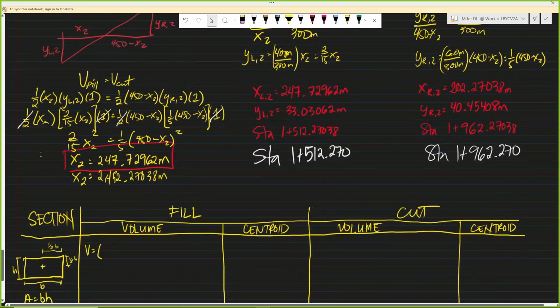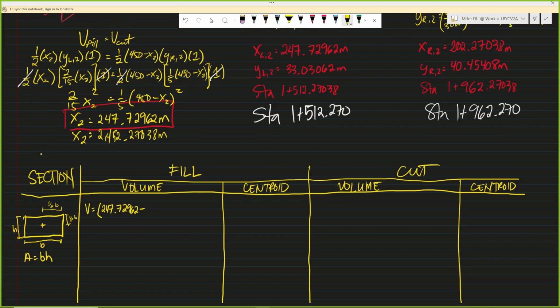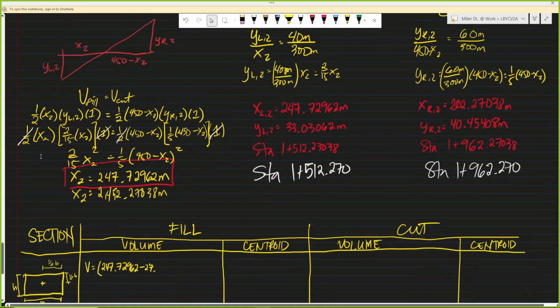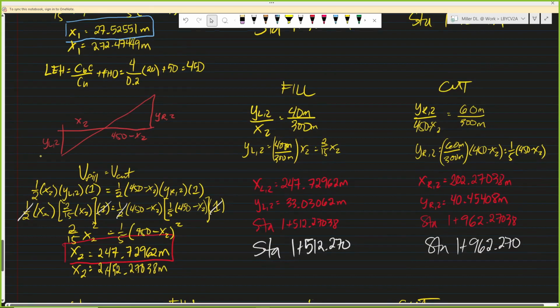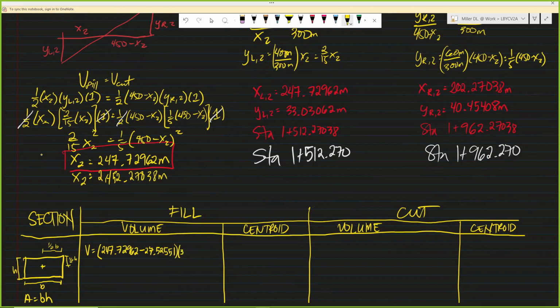So, si x sub 2, which is 247.72962 minus x sub 1 ay 27.52551 multiplied yung altitude niya 3.67007 times a 1 unit width. Ganun din sa kabila.